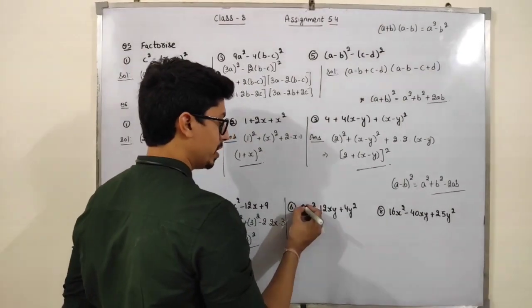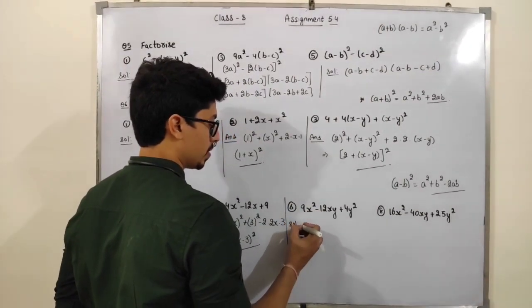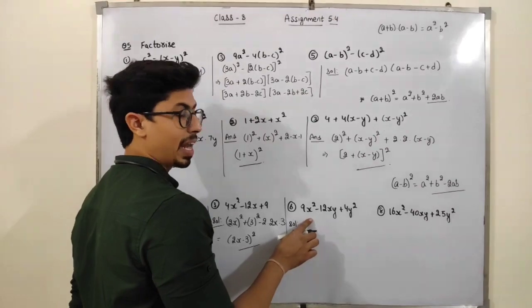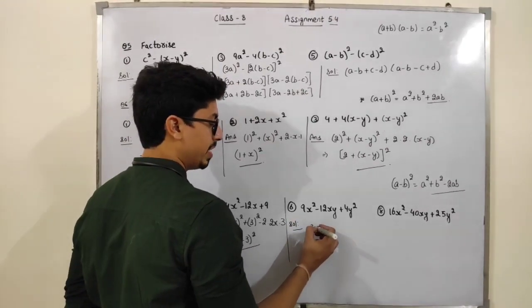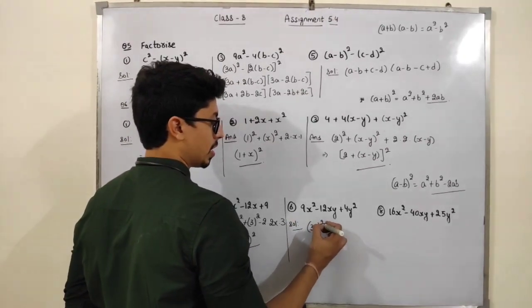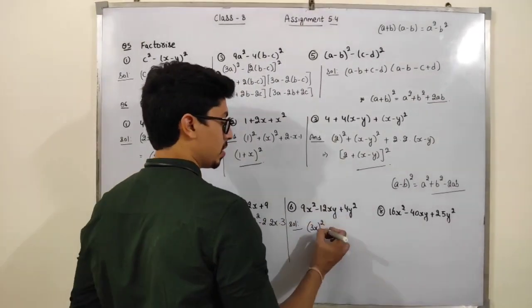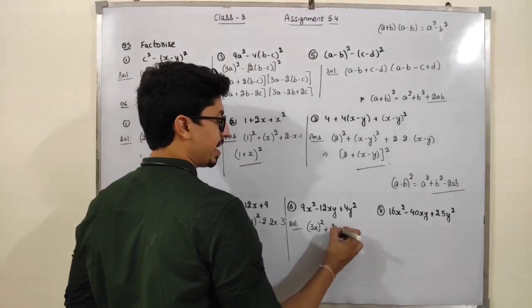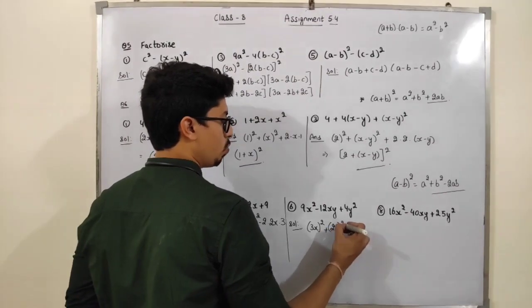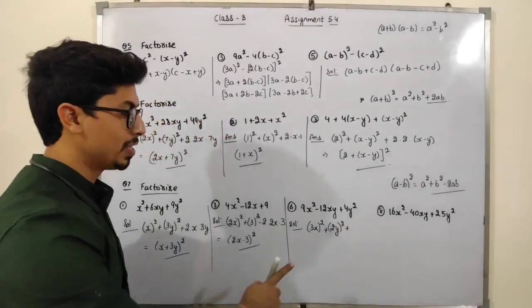Now in this part, students, see, 9x square I can write as 3x whole square, plus 4y square I can write like this, 2y whole square. A square plus b square.